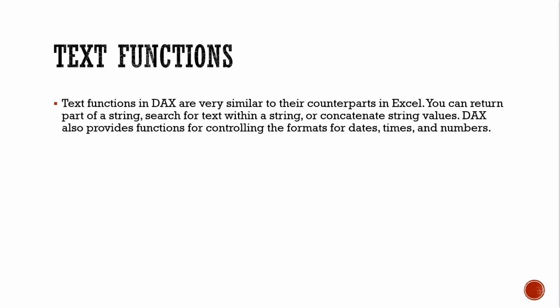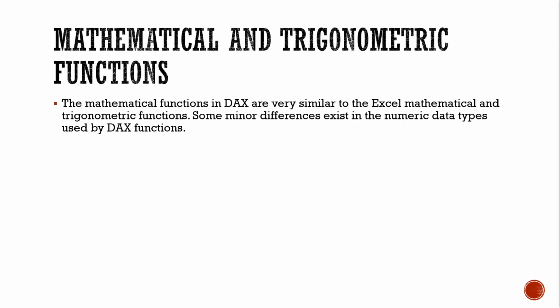Text functions. Text functions in DAX are very similar to their counterparts in Excel. You can return parts of a string, search for text within a string, or connect a string value to another. So that's how the text function works. Mathematical or trigonometric functions.